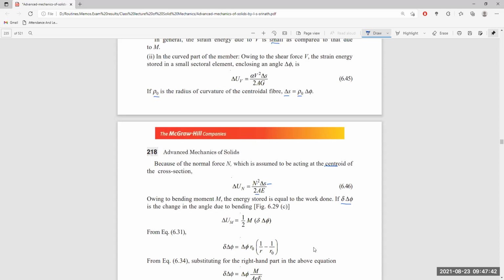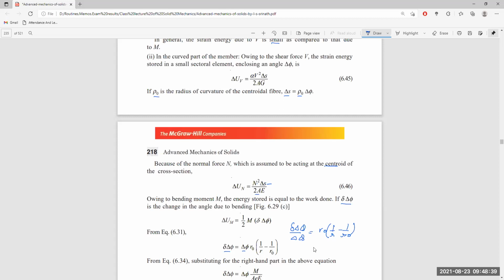And from equation 30, delta sigma phi divided by delta phi itself is equal to R0 into 1 by R minus 1 by R0, where R0 is the distance of the neutral axis from the center of curvature, and delta phi is the angle subtended at the center itself.